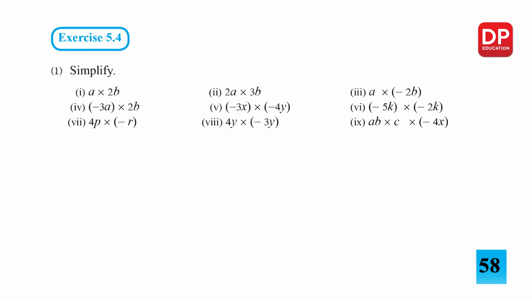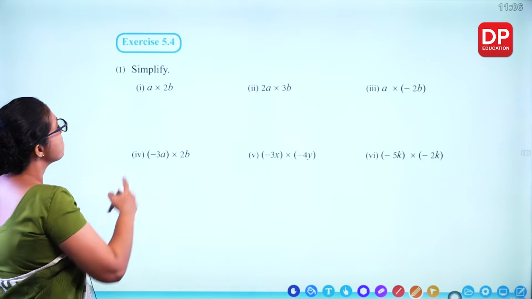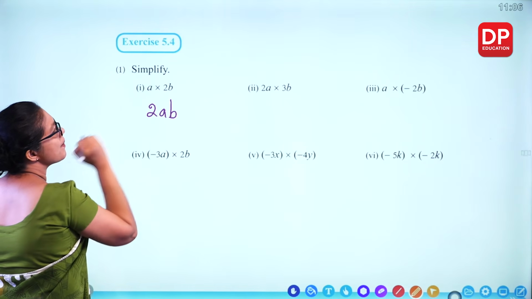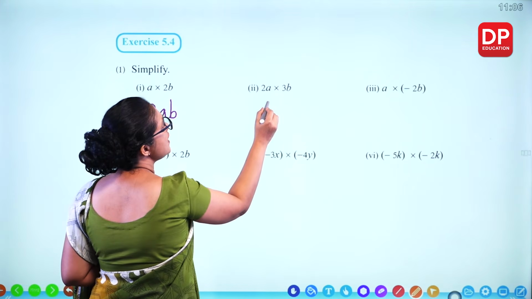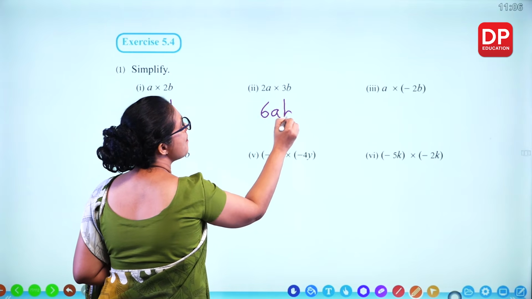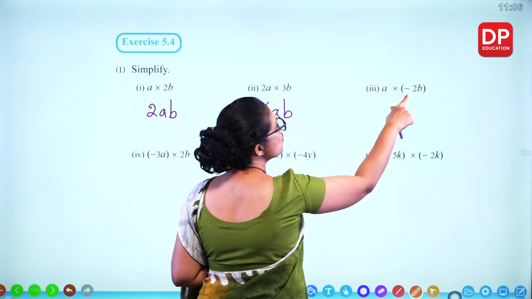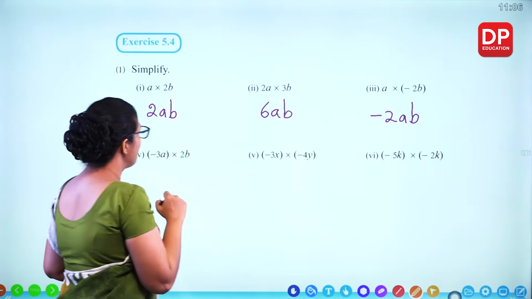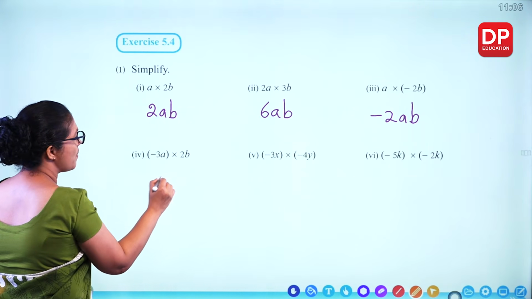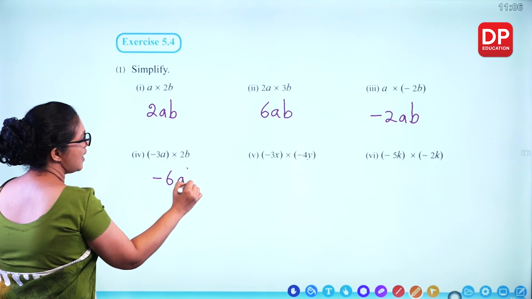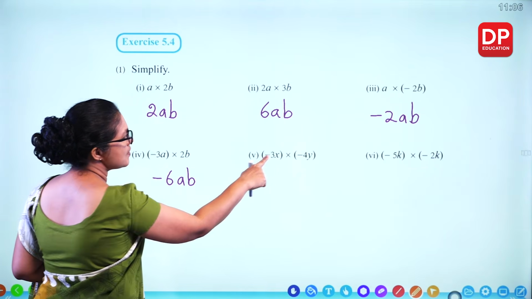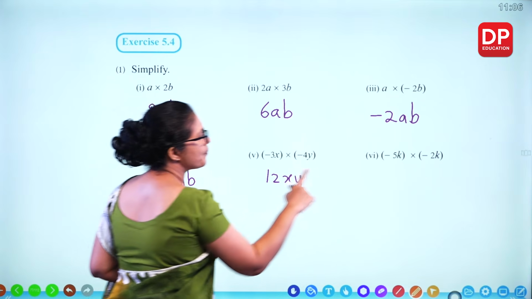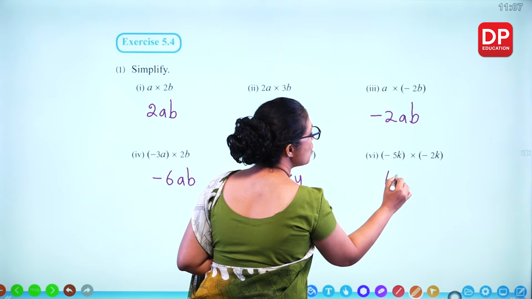Exercise 5.4, simplify. A times 2B. So 2AB. 2 times 3, 6AB. Here, minus 2 times 1, minus 2AB. Minus 3 times 2, minus 6AB. Minus 3 and minus 4, 12. X, Y. Minus 5 minus 2, 10.